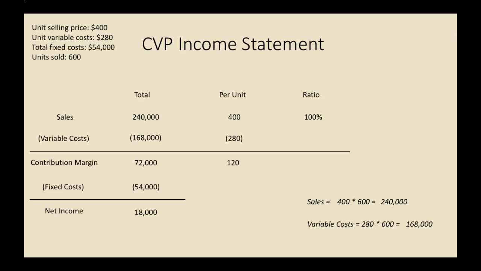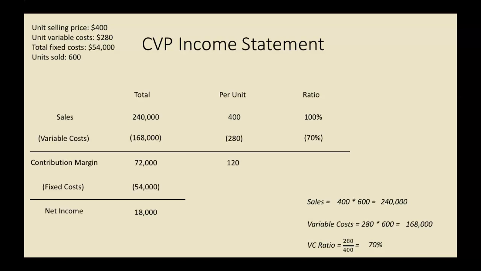For variable cost, we'll take the 280 and divide it by 400, and we'll find that our variable cost ratio is then 70%, meaning variable costs are 70% of our sales. Then our contribution margin. We can find the contribution margin ratio two different ways. We could take the 120 and divide it by the 400.